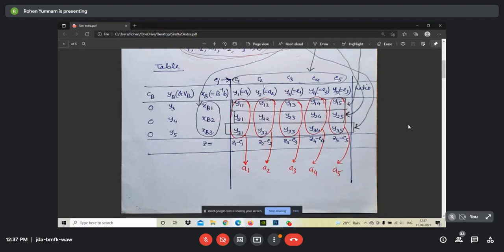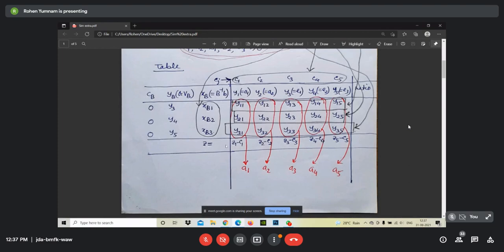And likewise for others also, multiply Y3 with CB, subtract C3. Multiply Y4 with CB, subtract C4. Multiply Y5 with CB, subtract C5. That will give these values. These values are to be calculated in that way.